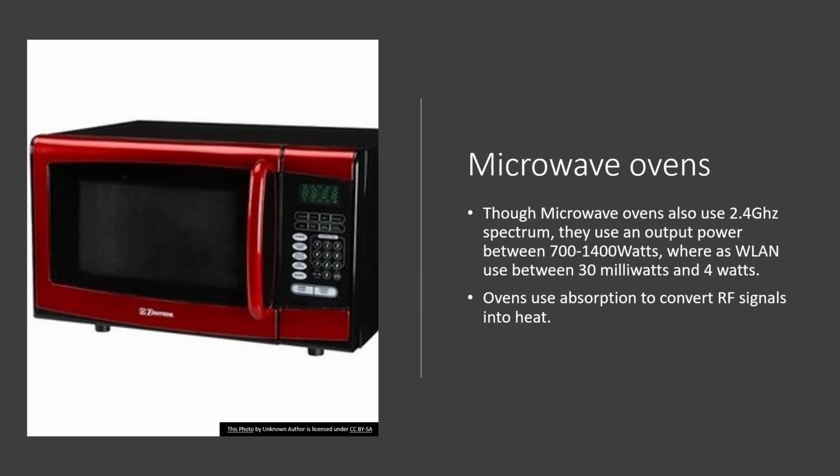Once it starts absorbing, it oscillates the water molecules, and then starts producing heat. So the RF signal here is converted into heat, and that starts cooking your food. Being said that, a microwave oven can interfere with your wireless communication. They operate on the same frequency, so the microwave oven can interfere.